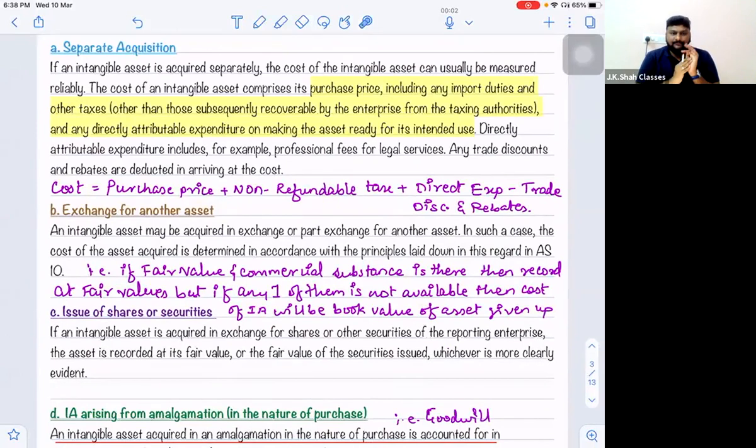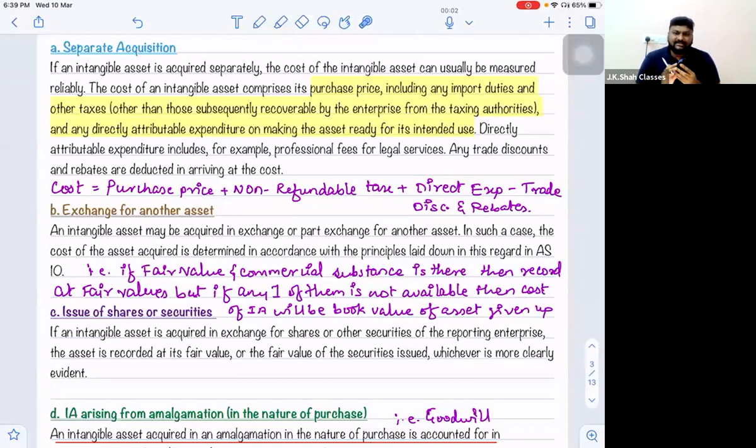Now the second point, exchange for another asset. Do you remember the concept of commercial substance which I taught in AS10? Same logic, no change. I have one asset, and I exchange this for acquiring an intangible asset. That is possible.